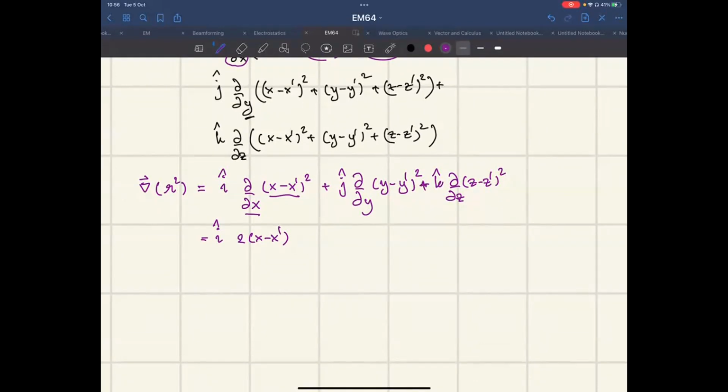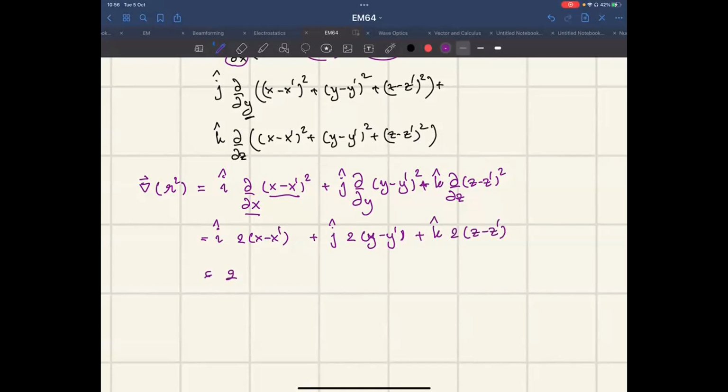And we get 1 here. This is what we have. And the other one is plus j here. And what do we have? We have the same thing. We have 2 times y minus y prime here. And we have also k here and 2 times z minus z prime here.